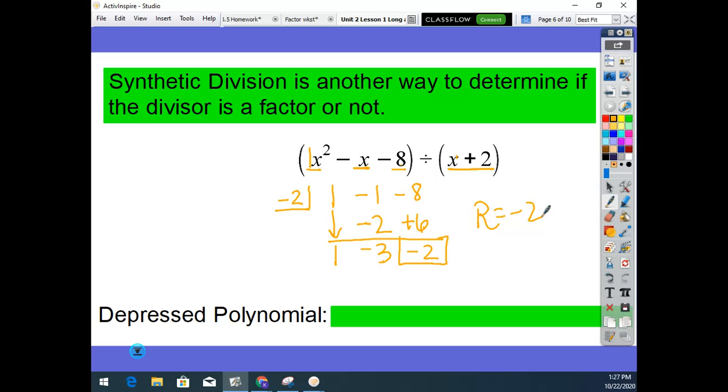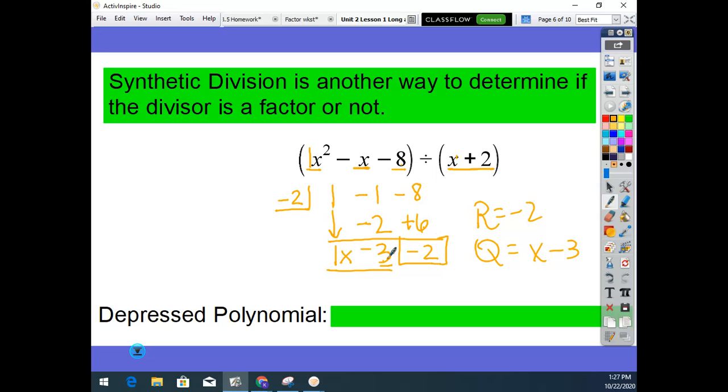Now, we took all the x's out when we put the coefficients here. Now we're going to put the x's back in to find the quotient. This is my constant, and this is my x. My quotient is 1x minus 3. The last number is always the remainder.